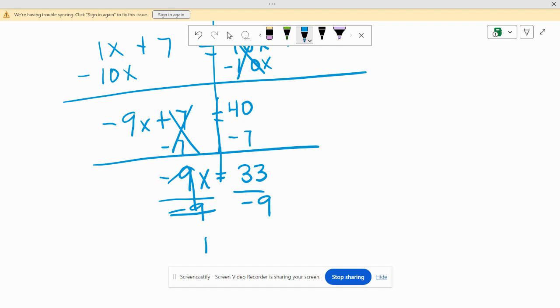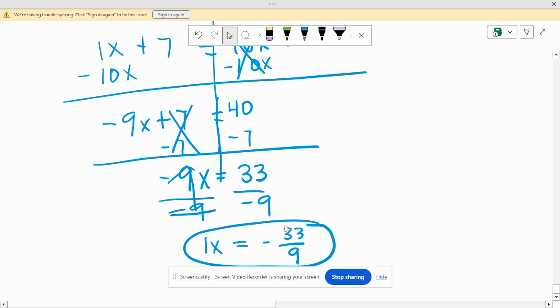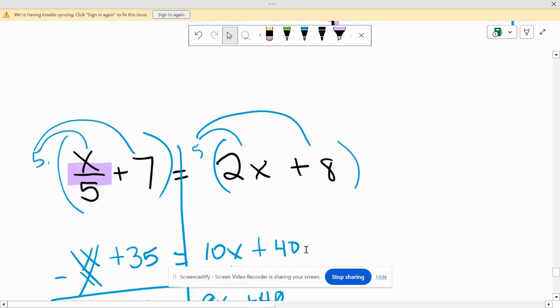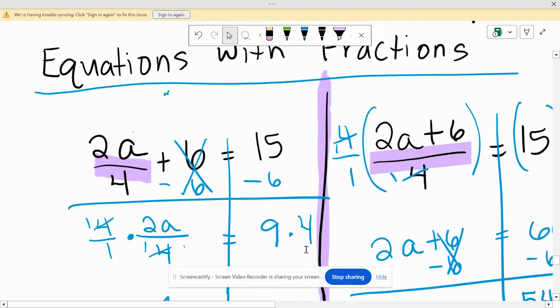So I'm left with 1x, or x equals negative 33/9. And leaving it as an improper fraction is totally fine. If that kind of bugs you, you are welcome to use your calculator and divide that and find the decimal. But that's how you solve equations with fractions.